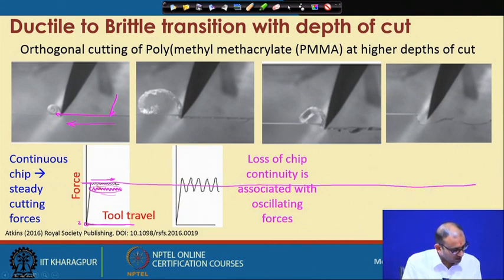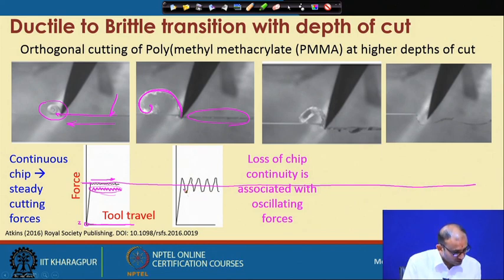Earlier it was oscillating with a very small amplitude. Now this amplitude is increased, because you are getting some fracture on the machined surface, and your chip removal is not very efficient compared to the first figure. Your oscillation is very high, but still it is in full contact.